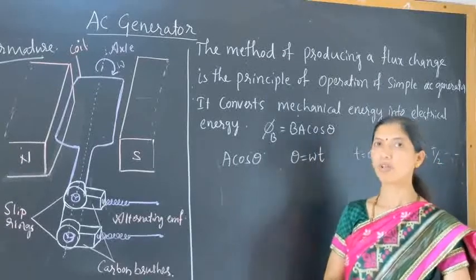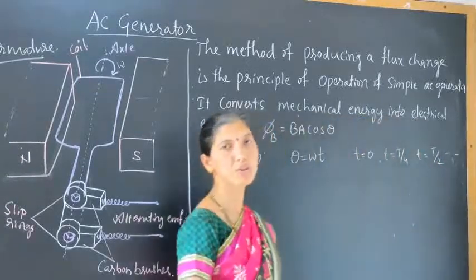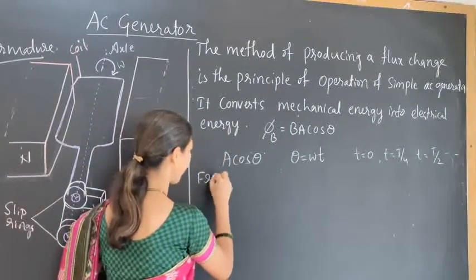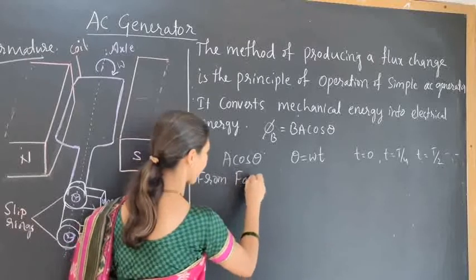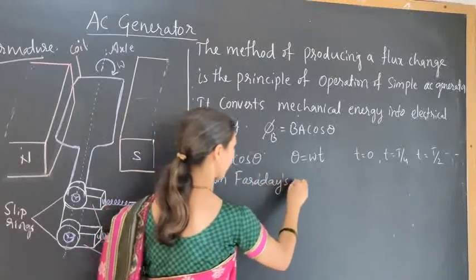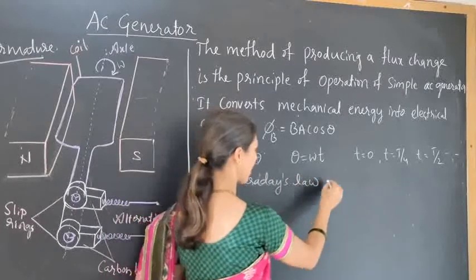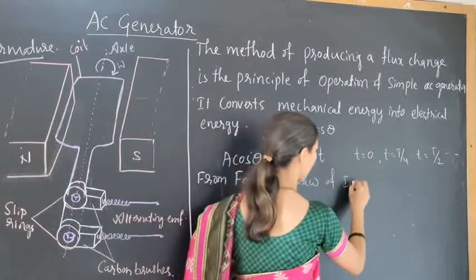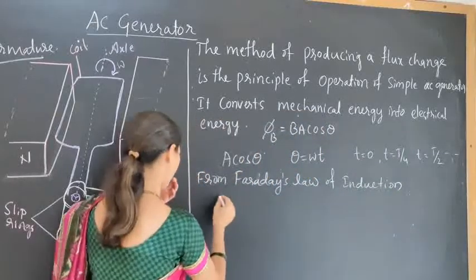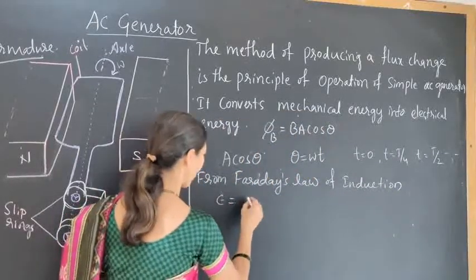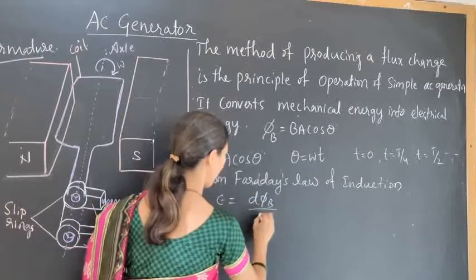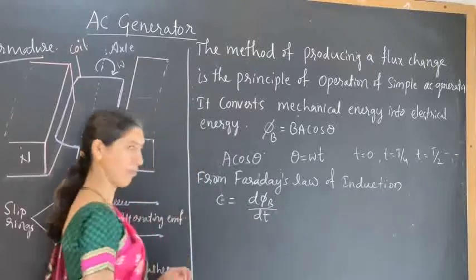Now, what do you have to do? How to calculate the induced EMF? From Faraday's law of induction, we have studied that E is equal to minus d phi B divided by dt.